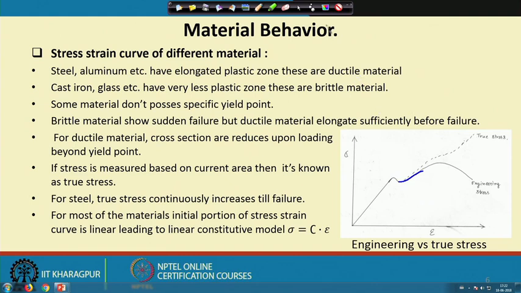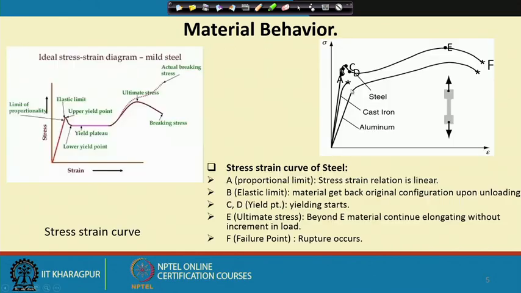But on the other hand, if you remember the previous curve, for a material which essentially fails here, for instance cast iron, the material suddenly fails. This kind of material is known as a brittle material.